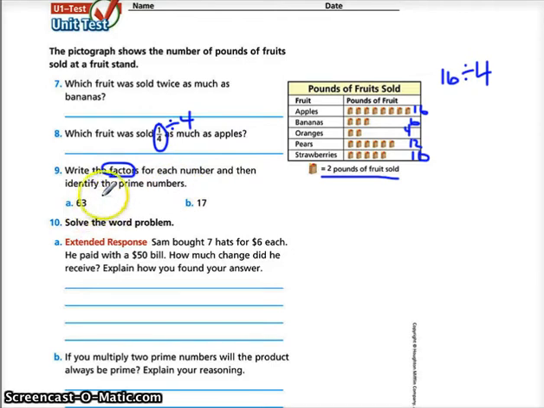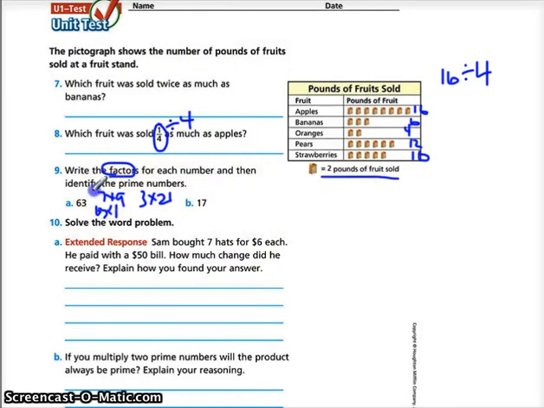So for 63, I know 7 times 9 is 63, and I know 63 times 1, and I know 3 times 21 is 63. Now, which numbers are prime numbers?